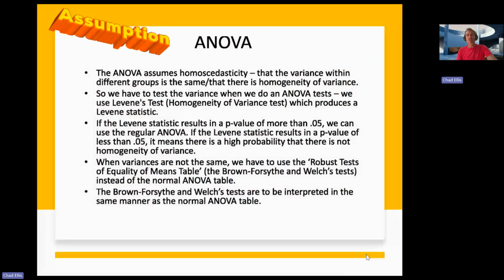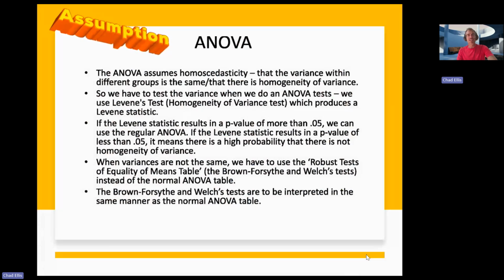Because ANOVA is a parametric test, we have to have some assumptions before we can properly use ANOVA. ANOVA not only assumes normality in our data, but it also assumes something called homoscedasticity. Basically that word means that the variance between your different groups is essentially the same.